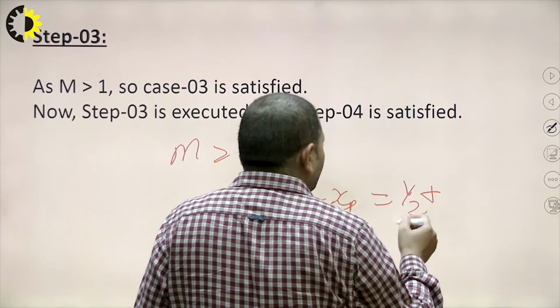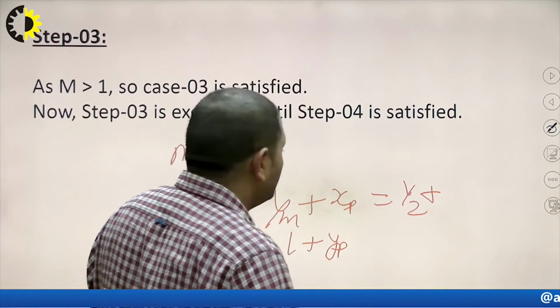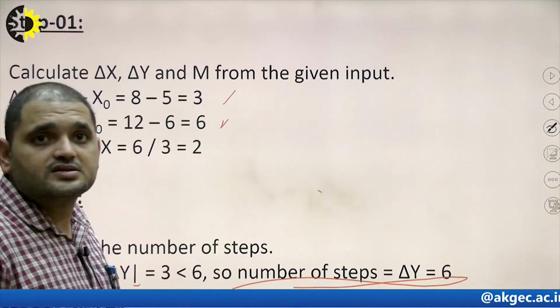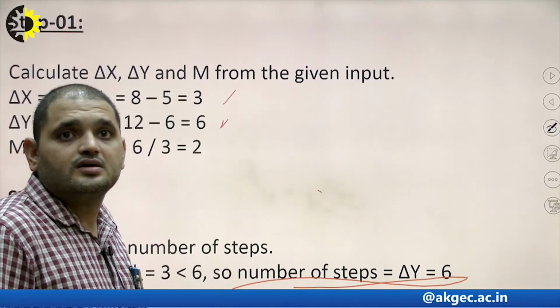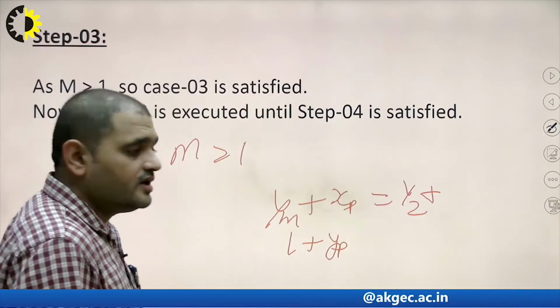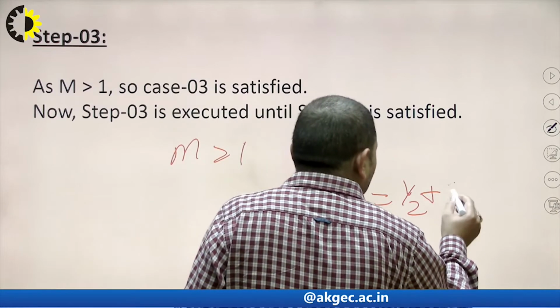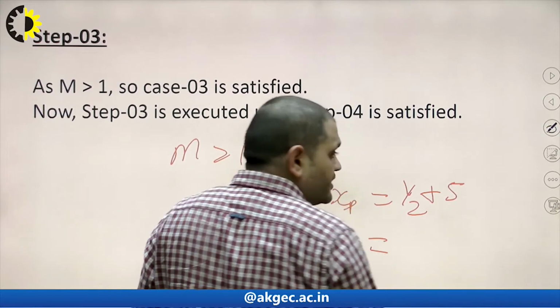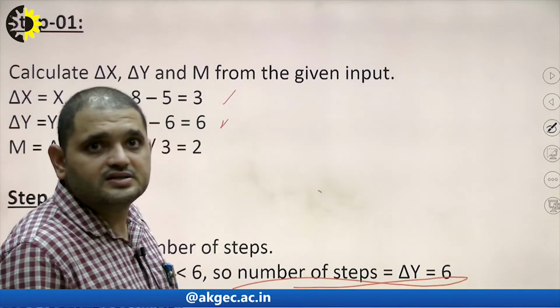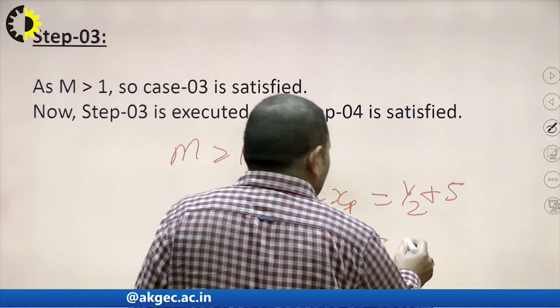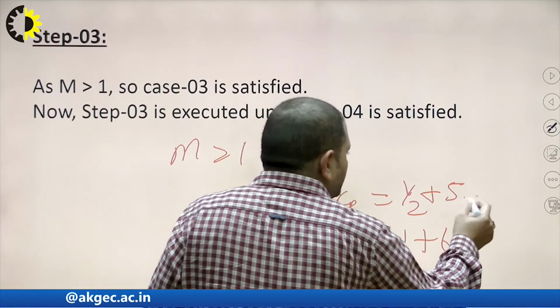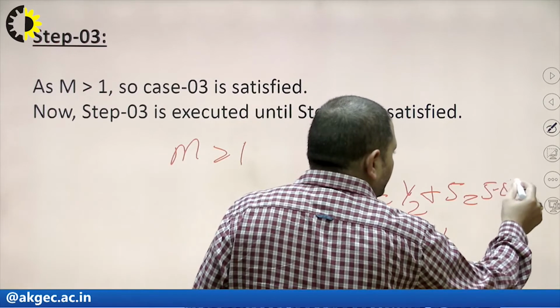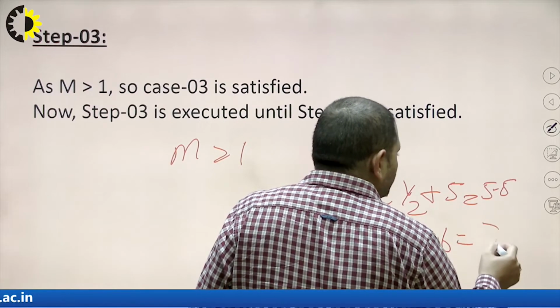What was the value of x? The starting value of x is 5. So 1 by 2 plus 5, and the starting value of y is 6, so 1 plus 6. So this equals 5.5 and this equals 7.